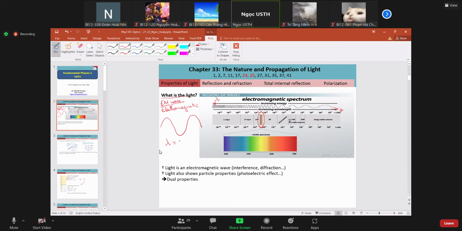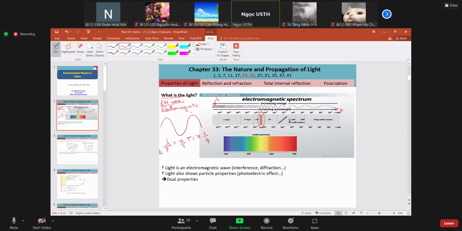Wavelength equals v, velocity, multiplied by time, because we learned from mechanics that wavelength is the path, the distance. The time is the time you finish one period, so it will be equal to velocity multiplied by 1 over f.